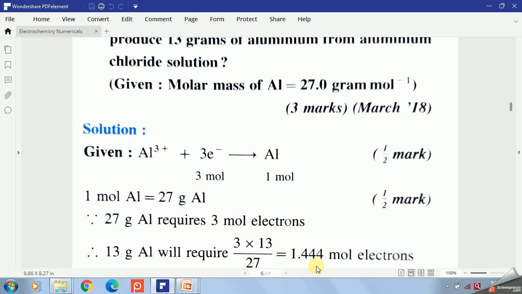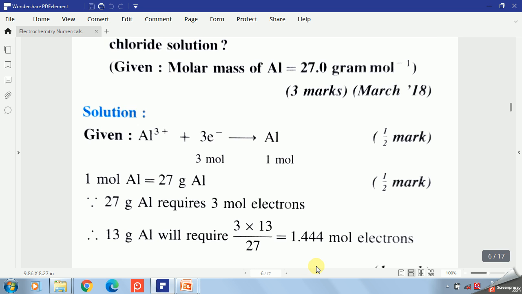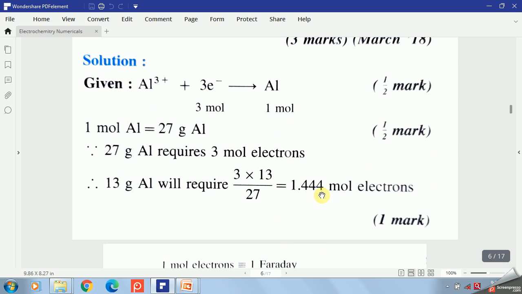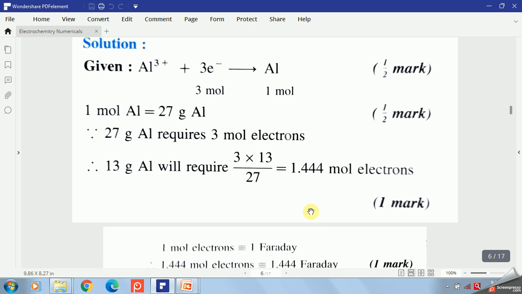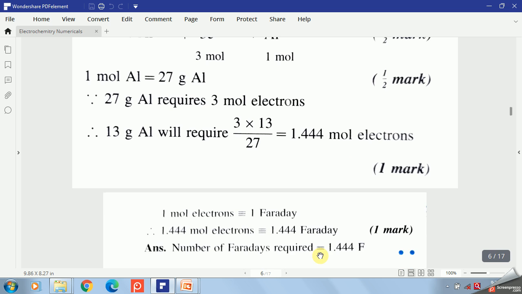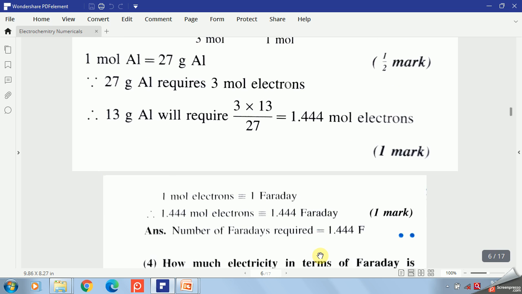So your answer is 1.444 mole electron, and 1 mole electron corresponds to 1 Faraday. So 1.444 mole electron corresponds to how many Faraday? So simple cross multiplication, 1.444 into 1 divided by 1. So the answer is 1.444 Faraday. That is the number of Faraday required.